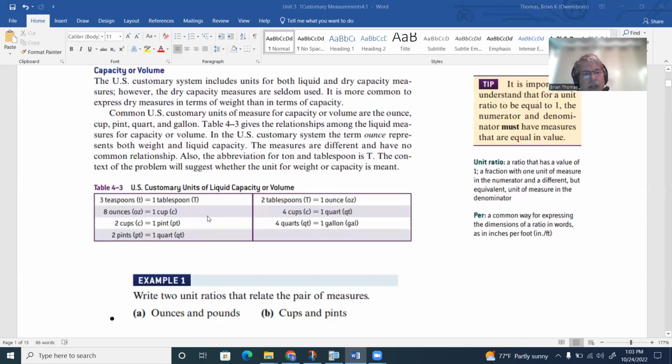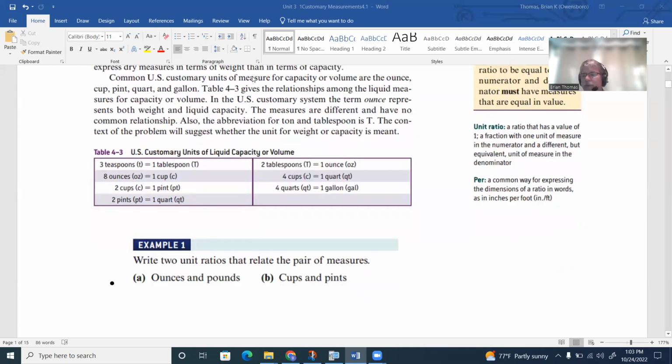So if we look down at our little table, if I'm measuring liquids out, teaspoons and tablespoons, ounces and cups, pints, quarts, and then of course the gallon is the big one that we have as far as capacity goes. And I do use these for liquid and dry measure a lot of times, especially in cooking. I'll see these.